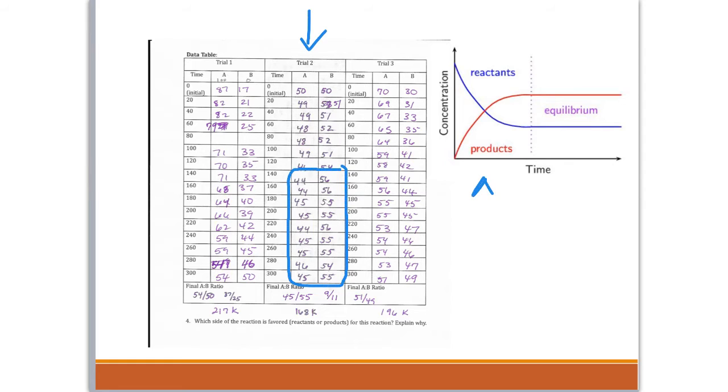So this graph illustrates what happens. After a certain point, we get to a flat line. There's no change in concentration happening. But you remember from that simulation, those particles were still bouncing around. They still were changing color as they went from one side of the reaction to the other. So the reaction was still happening both in the forward and the reverse direction, but we weren't seeing a change in the numbers.